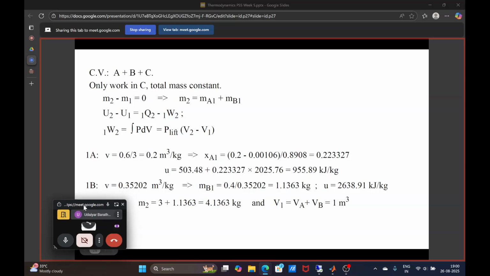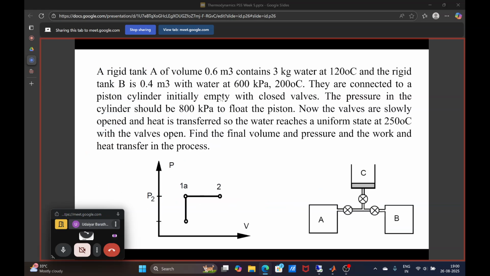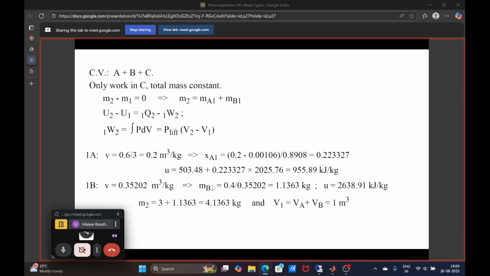And for tank B at the initial state 1, the specific volume is 0.35202, straight away from 600 kilopascal and 200 degrees Celsius. So the mass of water in tank B comes out to be 1.1363 kg.